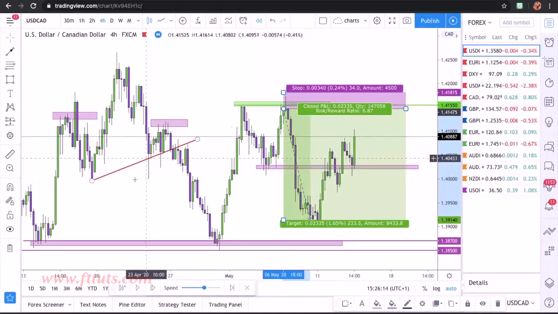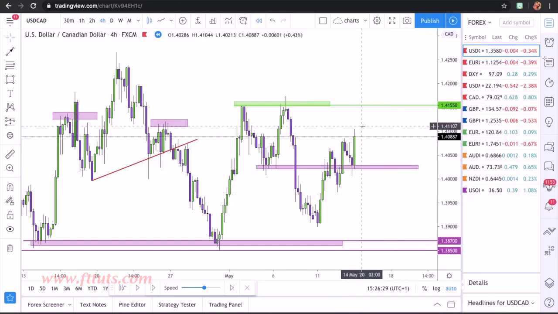Because again, all these trades that I've showed you so far are over 100 pips. So again, it goes back to your trading plan. How many pips do you want to catch a week? Like, what's your goal, you know? Okay, so let's see what happens.